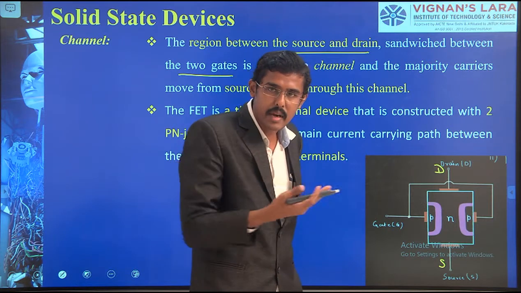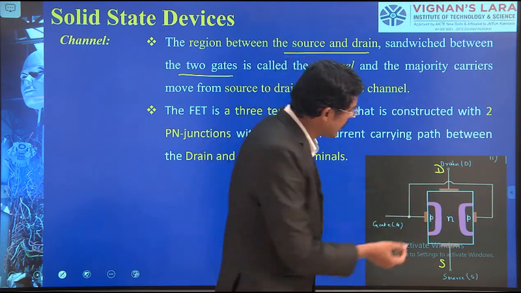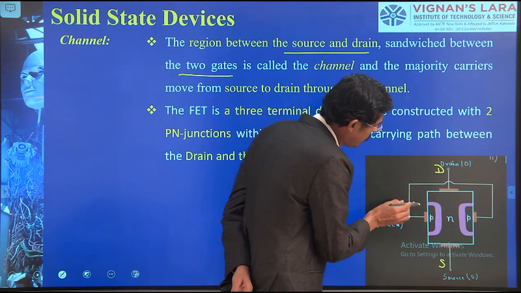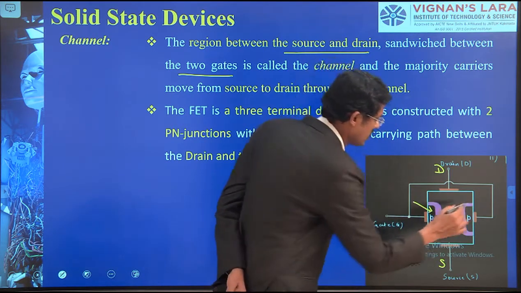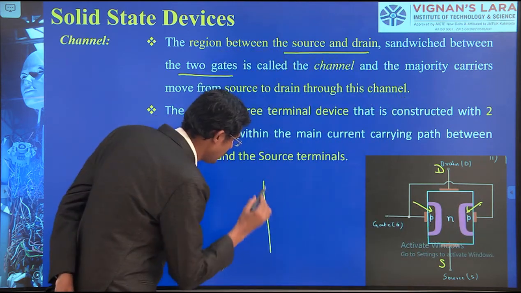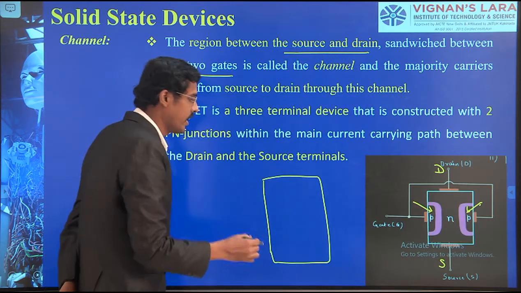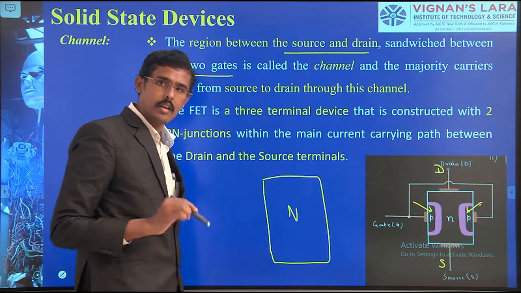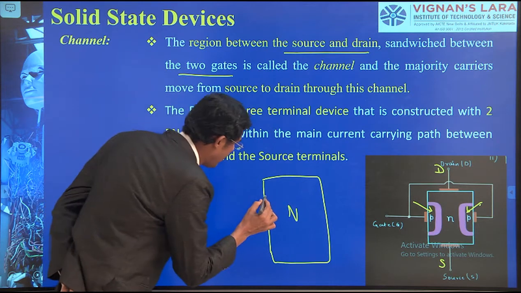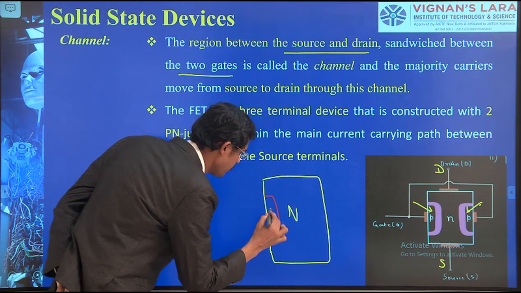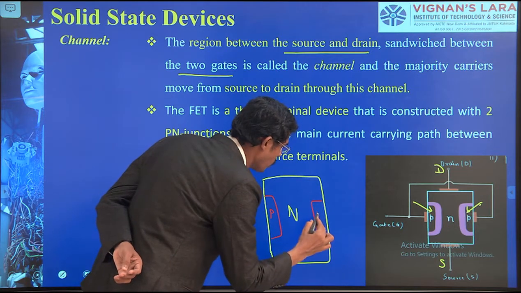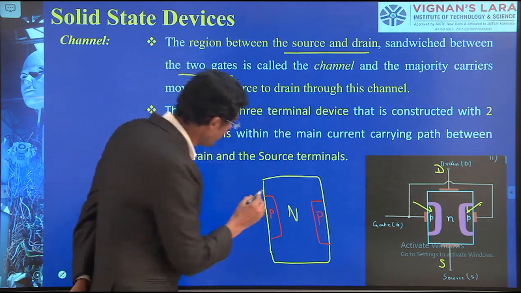The channel, the N region, is generated between them. We have doped P here, similarly we have doped P on the N. We have taken one N channel, and on this side I have doped a P, and similarly on that side I have doped one more P. Right? So it becomes like this.